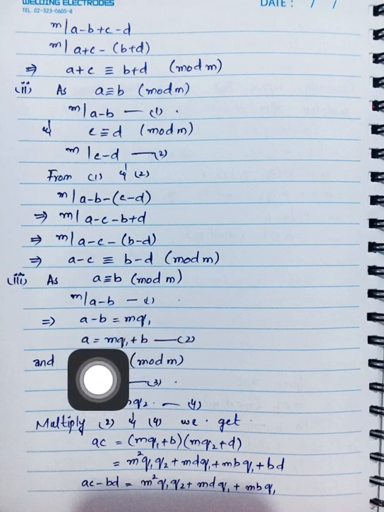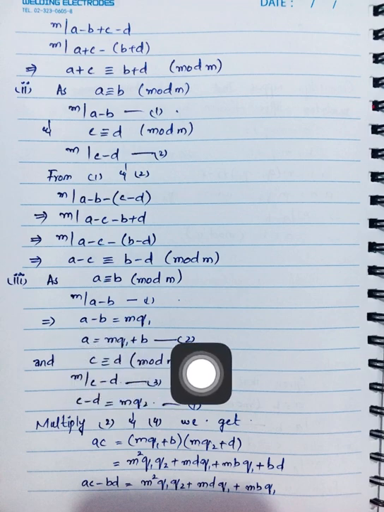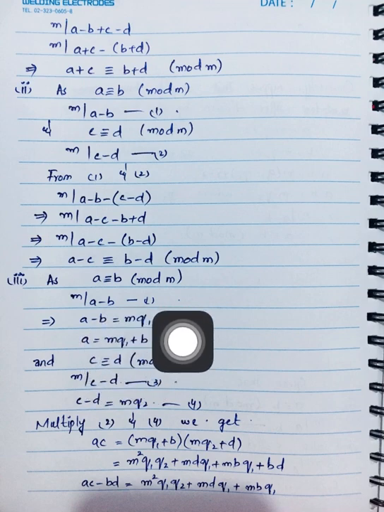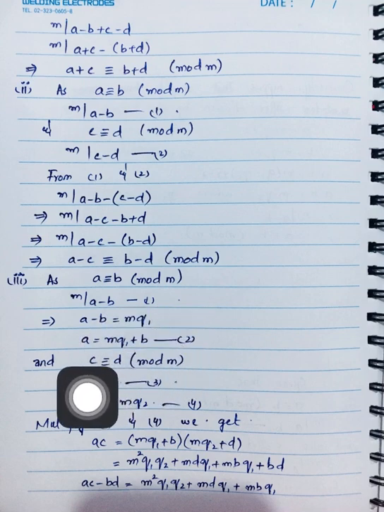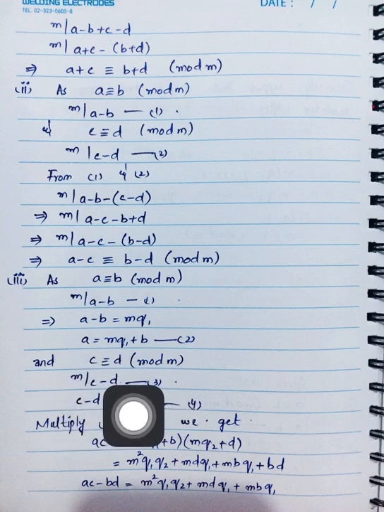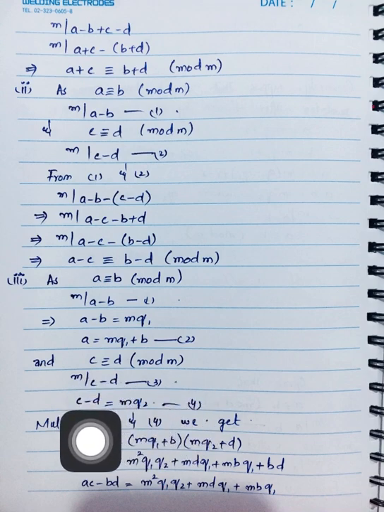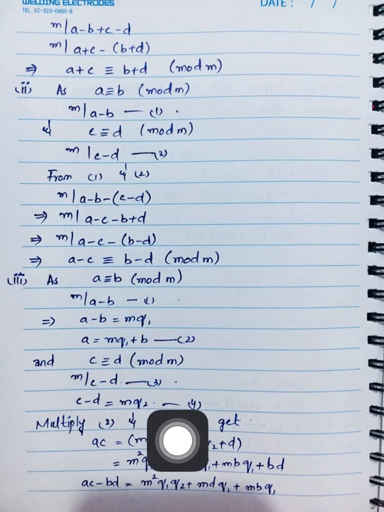And further, by the Euclid lemma, I can say that A equals MQ1 plus B. This is equation 2, or I can arrange this equation. And further, if C is congruent to D modulo M, then M divides C minus D. Now further, by the definition of divisibility, C minus D equals MQ2.